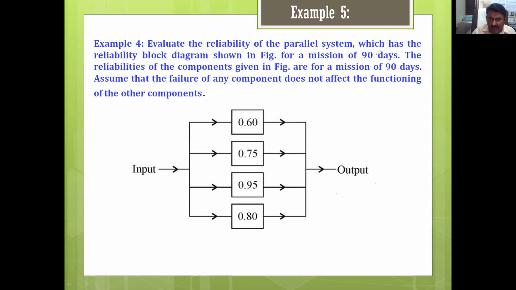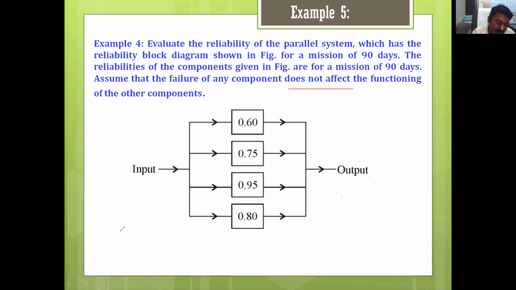Evaluate the reliability of the parallel system which has reliability block diagram as shown in the figure. By observing the figure, you can come to know that there are 4 components, R1, R2, R3, R4. The reliabilities of the components given in the figure are for a mission of 90 days. Assume that failure of any component does not affect the functioning of the others. Okay, no problem, so this assumption is made.